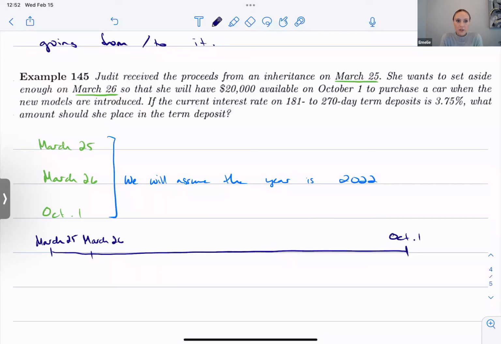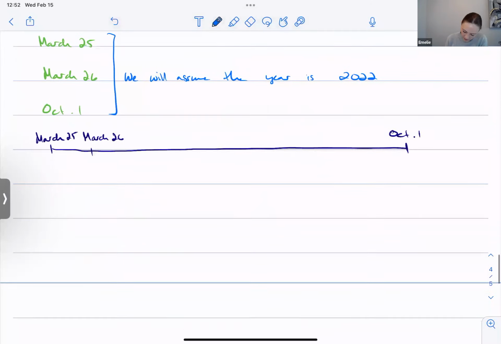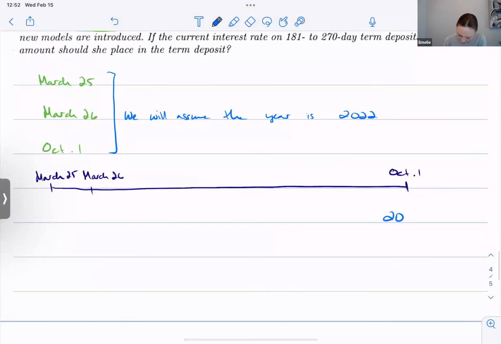So this one's different from what we did before. Here, she wants to have $20,000 available on October 1st. So she needs to have $20,000, and we're going to force that to become $20,000.